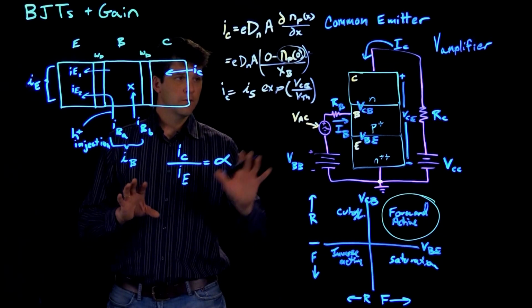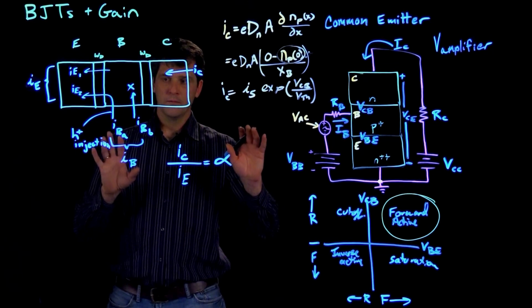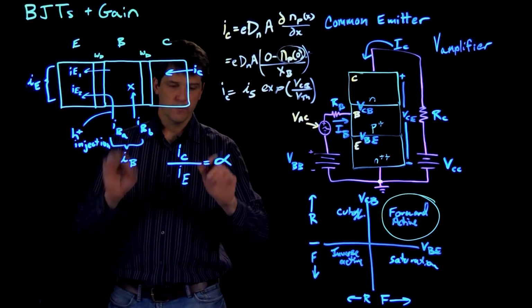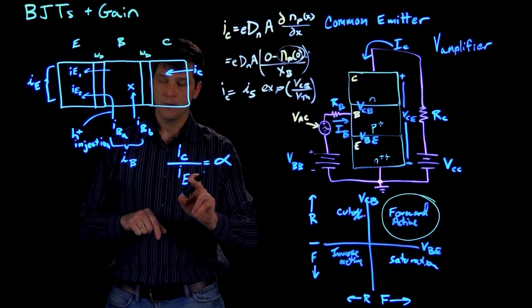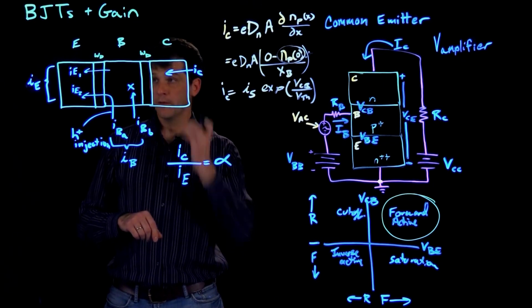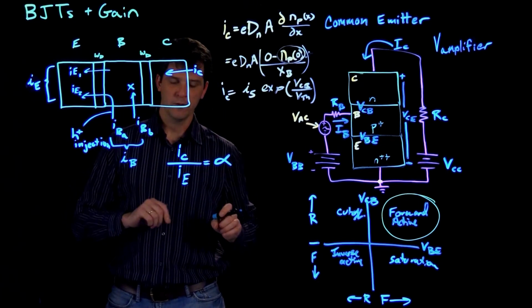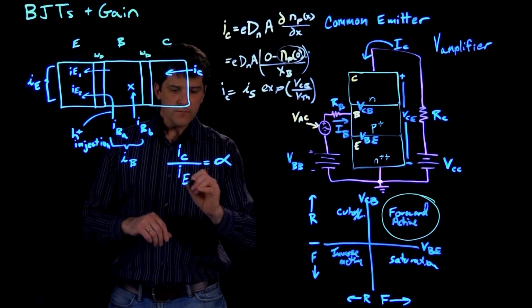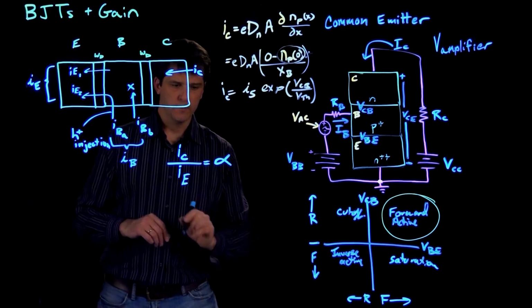So this is a gain factor which should be actually very close to 1, because as we said, we want the emitter current to be as big as we can make it, while the base current is as small, so that this ends up being close to 1.